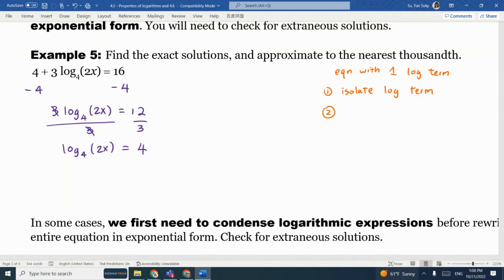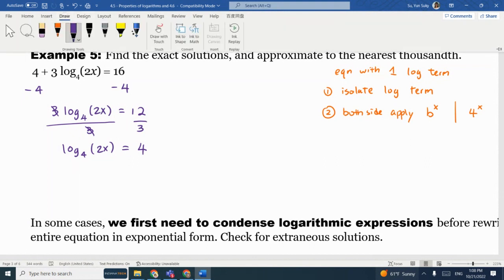Second step. Because we want to get rid of the log, we know log and the exponential function 4 to the x are inverse functions, right? So both sides apply. Usually we would say b to the x because the base could be anything, but right now our base is 4. So both sides raise to the power of 4.